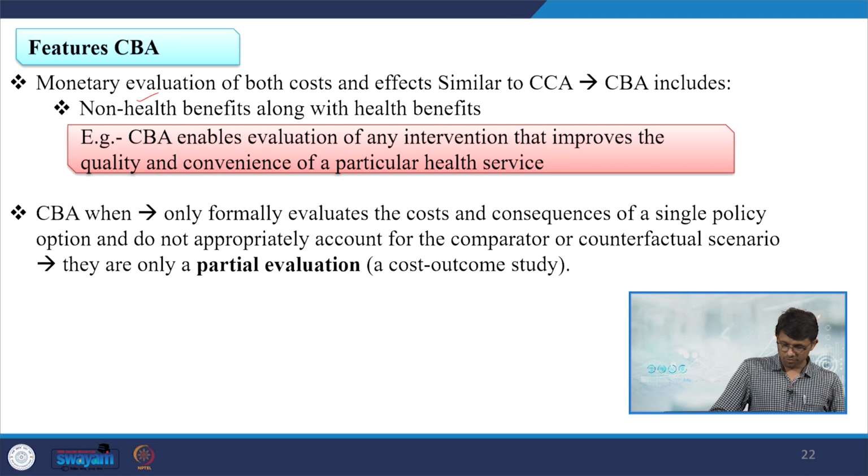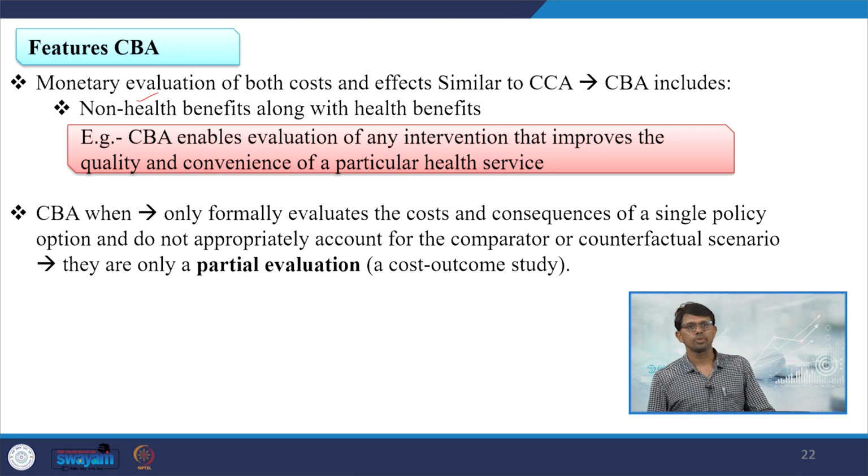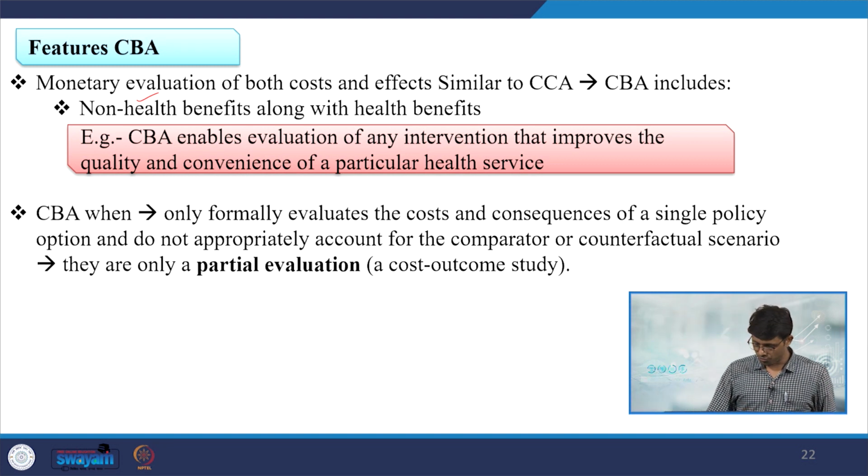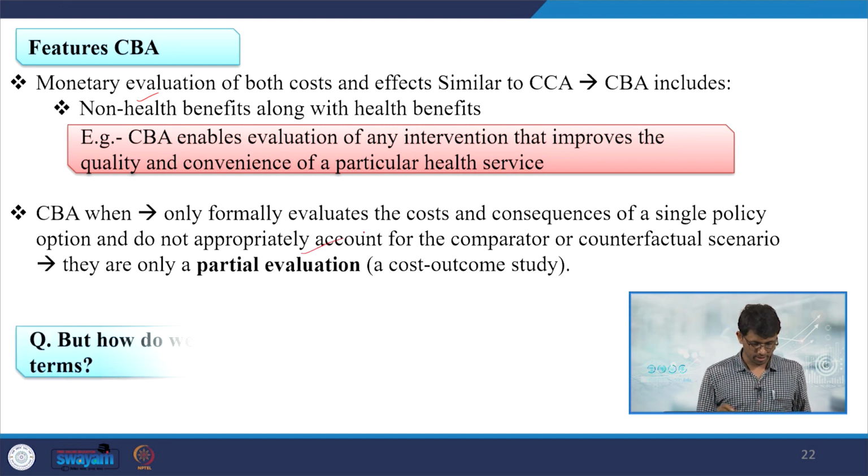When CBA only formally evaluates cost and consequences of a single policy option and does not appropriately account for the comparator or counterfactual scenario, it is only a partial evaluation, called a cost outcome study.